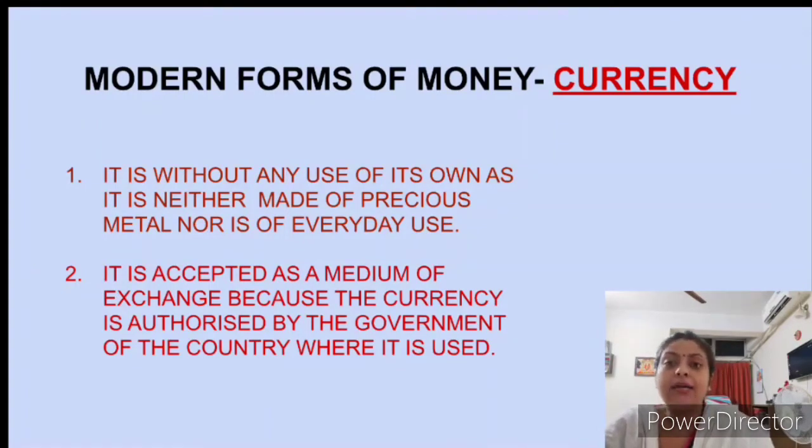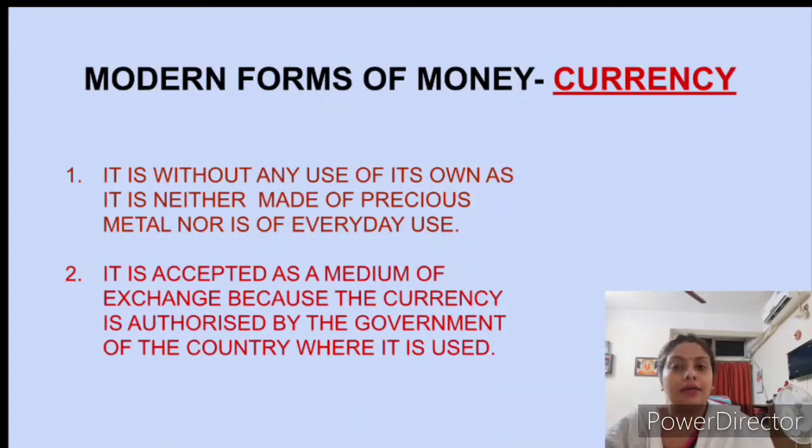Unlike a precious stone or a gold coin, which was used in the traditional times, when it would lie on the floor, it has still some value because it is a precious metal. Or there are things like grains, cattle, these are used day to day in our life.